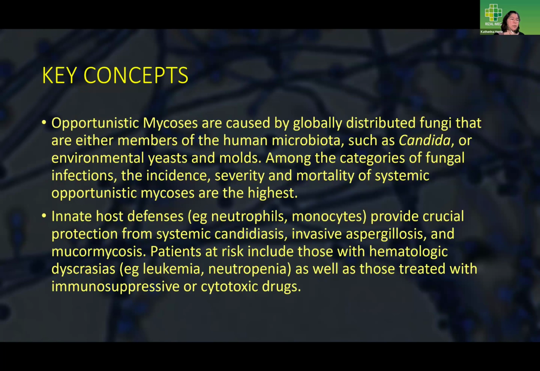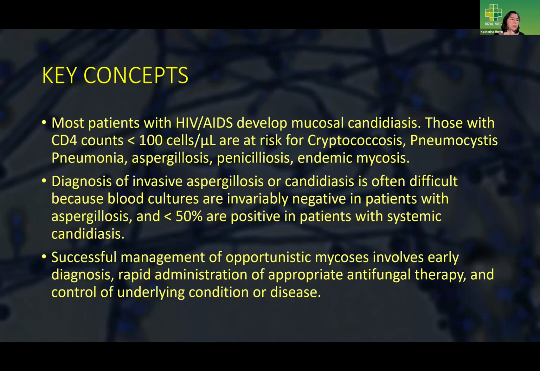Key concepts to remember about opportunistic mycoses are: the causes are either normal flora or environmental yeasts or molds. Innate host defenses, which are your neutrophils and monocytes, are crucial for protection against systemic candidiasis, invasive aspergillosis, and mucormycosis. Most patients with HIV/AIDS develop mucosal candidiasis.